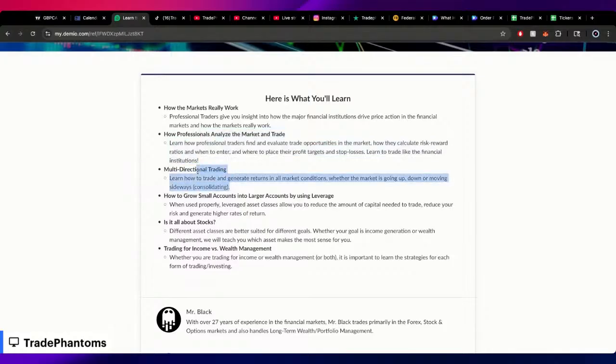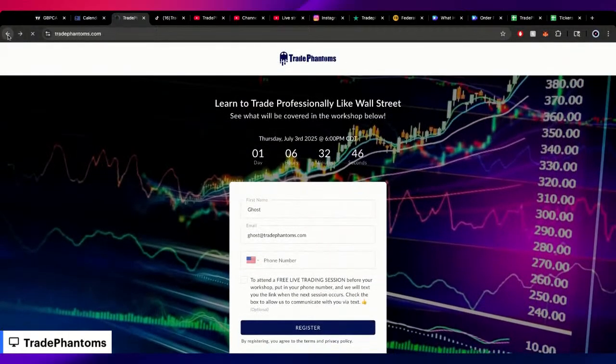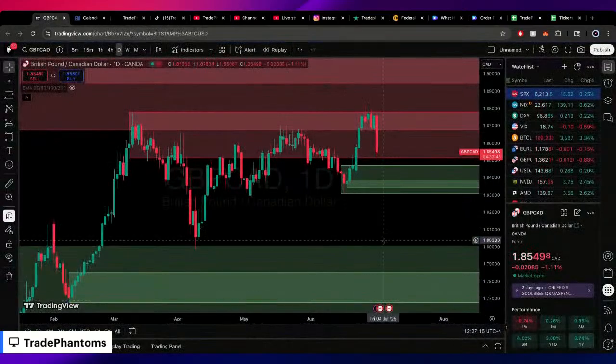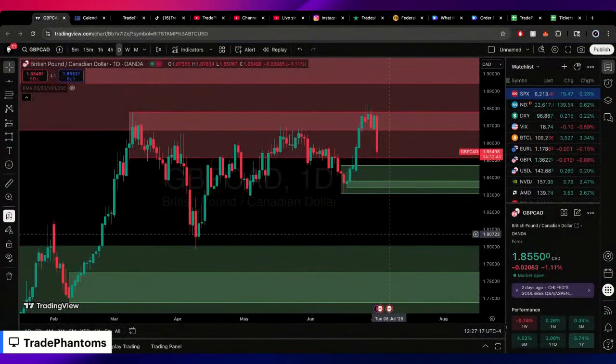How to trade in all market conditions, whether the market is bullish, bearish, or consolidating. How to use leverage properly so you can reduce your risk and generate high rates of return. The difference between all the different asset classes, stocks, options, futures, forex, crypto, what they're best suited for, and trading for income versus wealth management. So we'll teach you a lot more about it. It's free, it's fun, costs you nothing, and then you can see if trading is something you want to pursue.